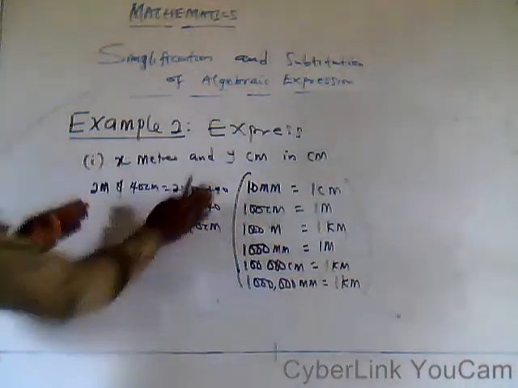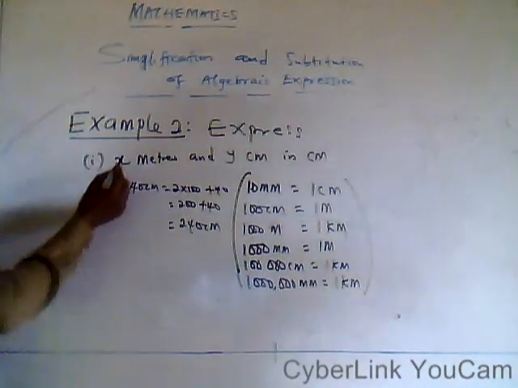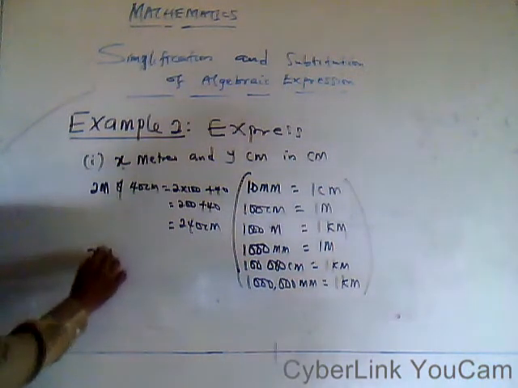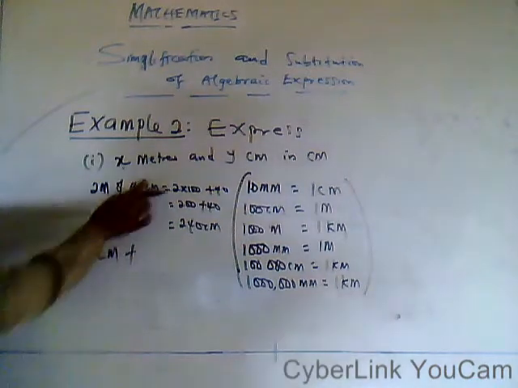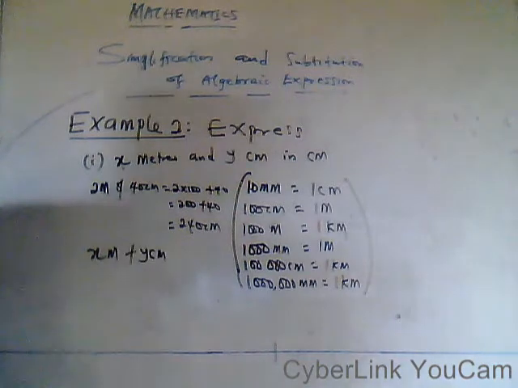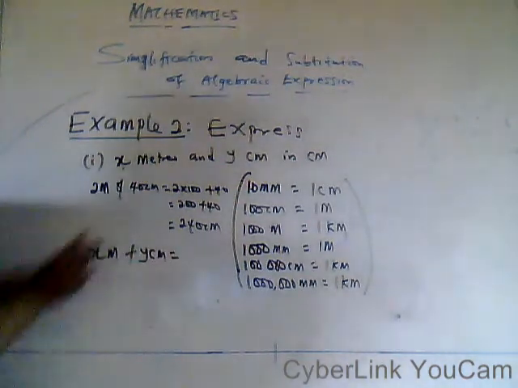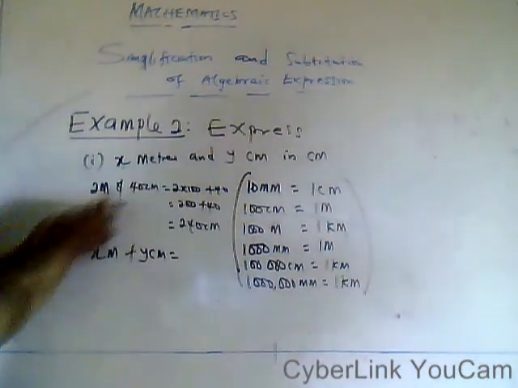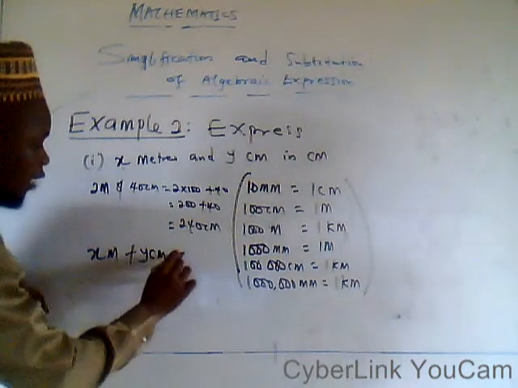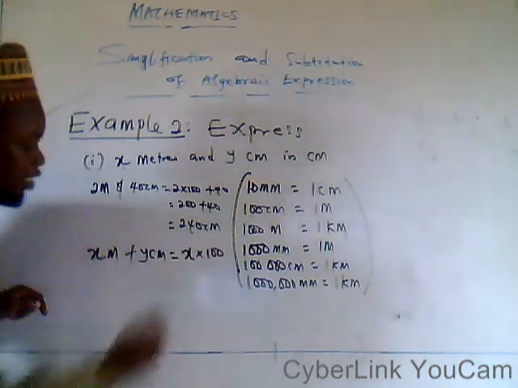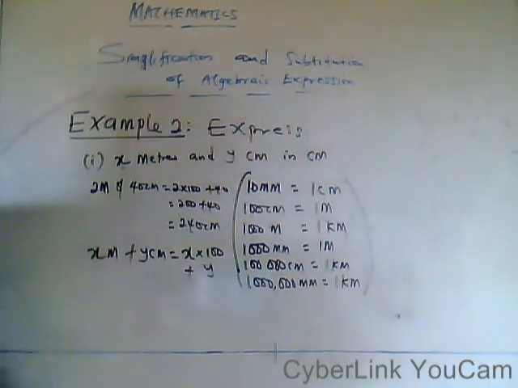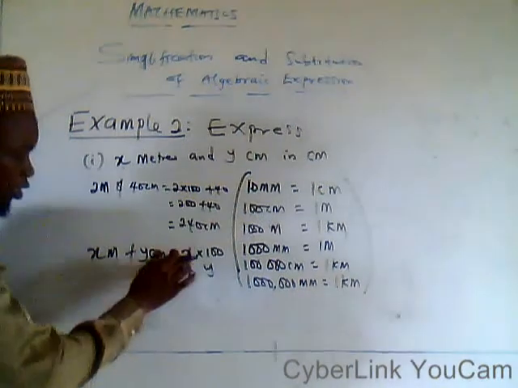So instead of writing this, let's express it like this. Here you have 2 meters, here you have x meters. So let's write x meters plus, here you have 40 centimeters, here you have y centimeters. So here you say 2 times 100, and here x multiplied by 100, then plus y.